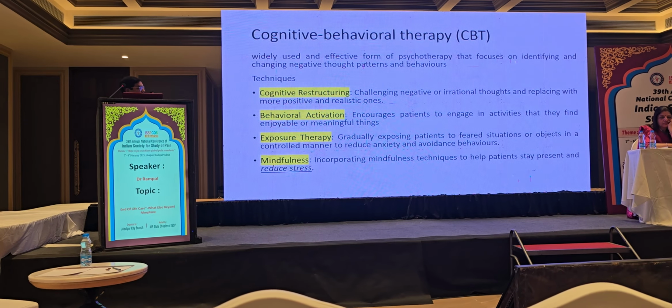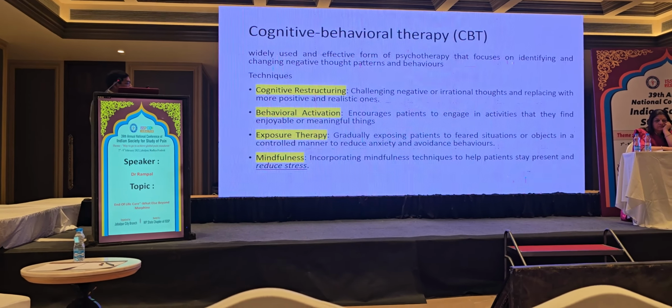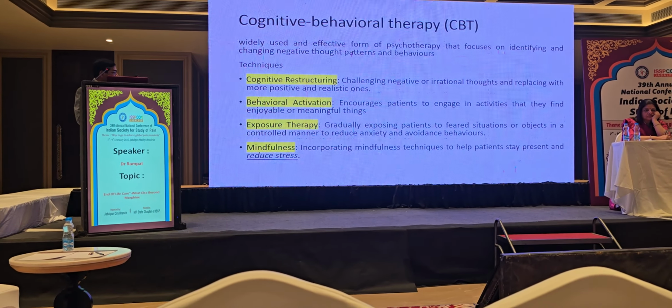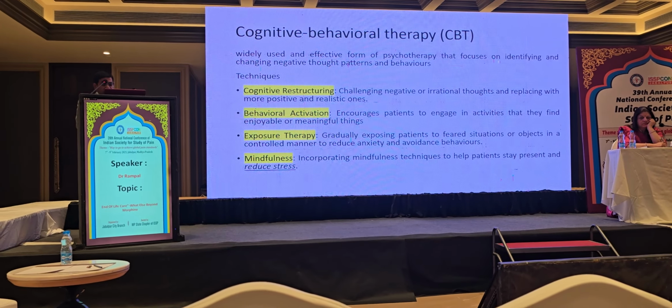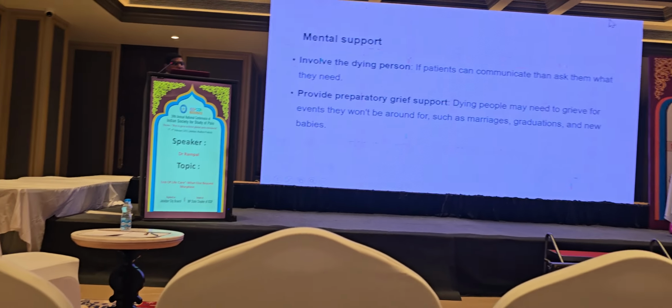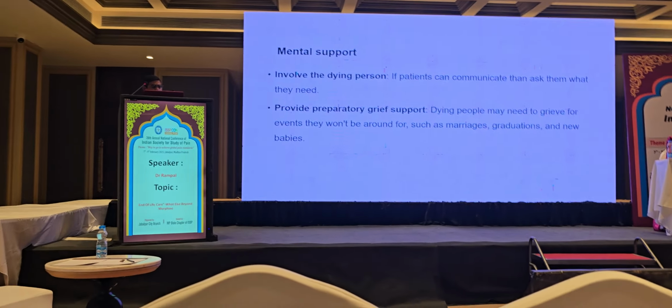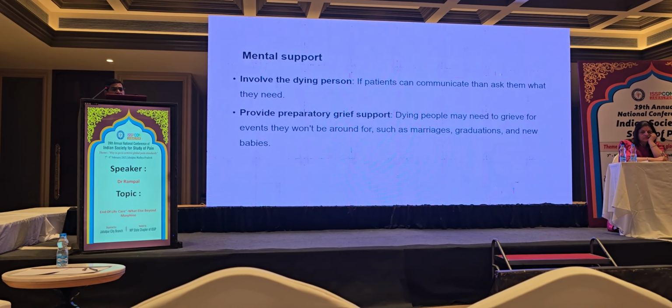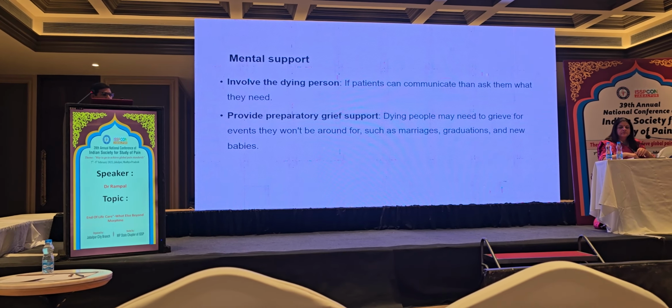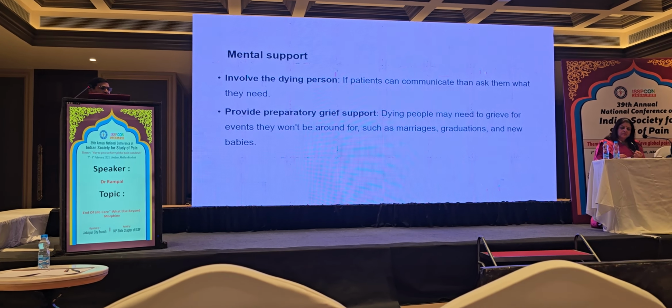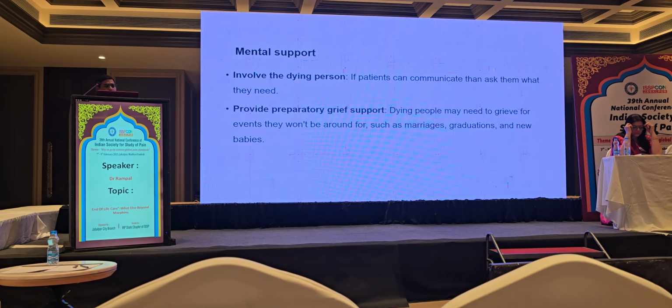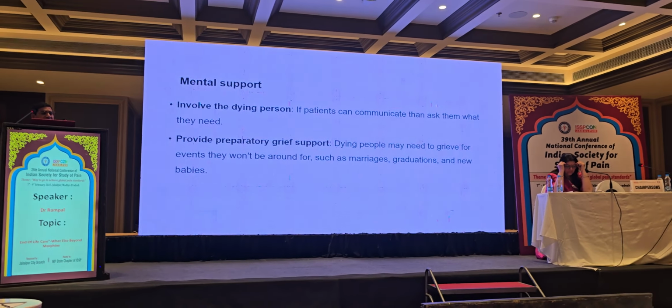There are some techniques like cognitive restructuring, behavioral activation, exposure therapy, and mindfulness. Next support is mental support. Involve the dying person and communicate with them, and ask them what they want. Provide preparatory grief support.